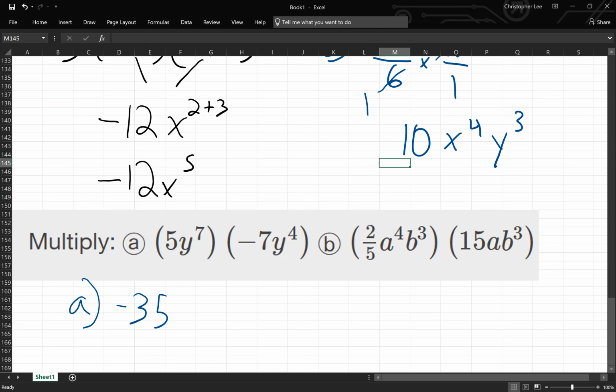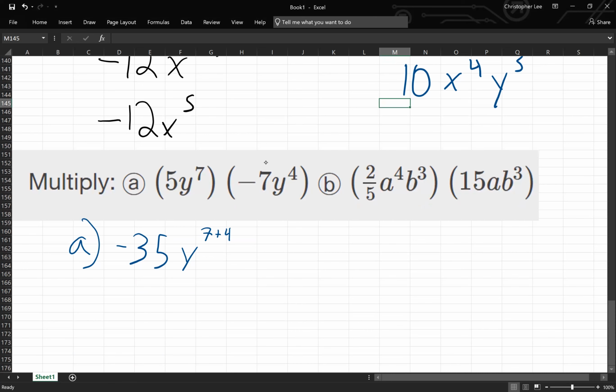And y to the 7 times y to the 4th is going to become y to the 7 plus 4 power, so we can just call that -35 y to the 11th power. Any questions on that?